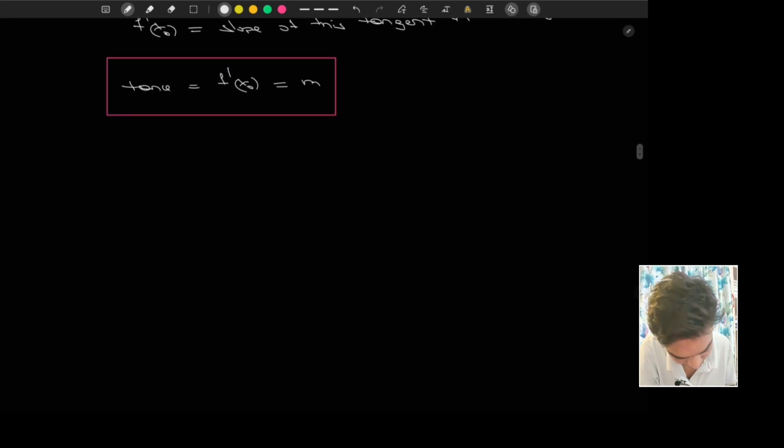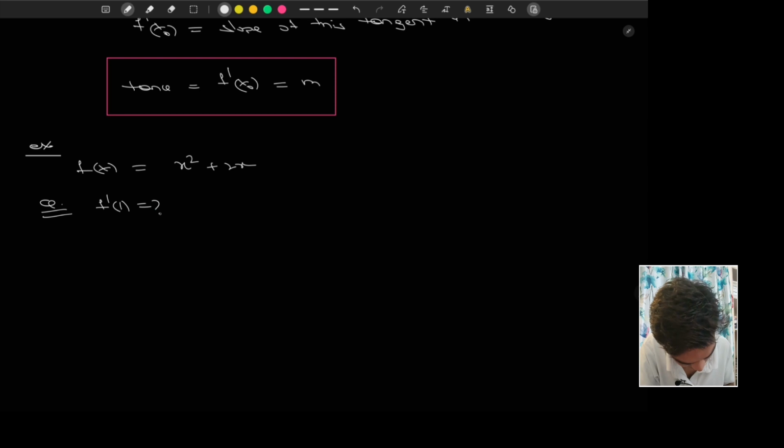so let me give you an example. Examples are always great because they say everything in a very compact form. So for example, I have a function f of x which is equal to x square plus 2x. So the question is, what is f prime of 1?